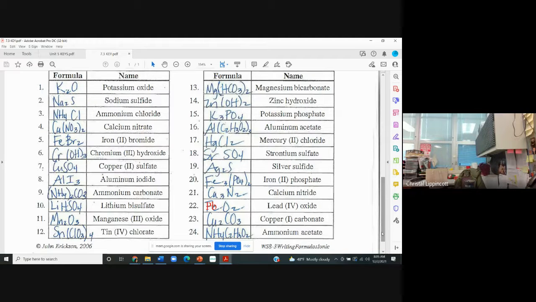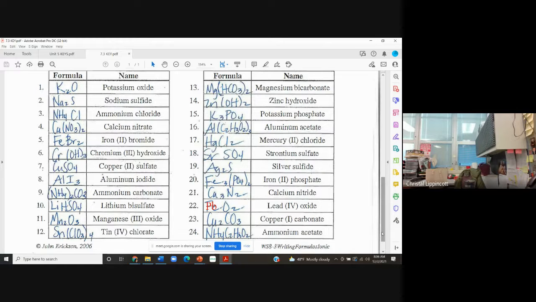So if that is a +4 and your oxygen is a -2, what is your least common multiple between those? 4. 4 is your least common multiple. Okay. So that means that I need to get this one up to 4. So I need 2 of these and 1 of these. So that's going to be PbO2.